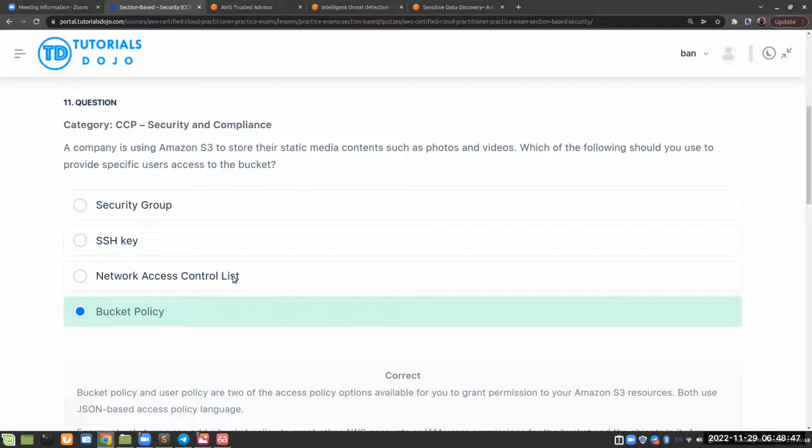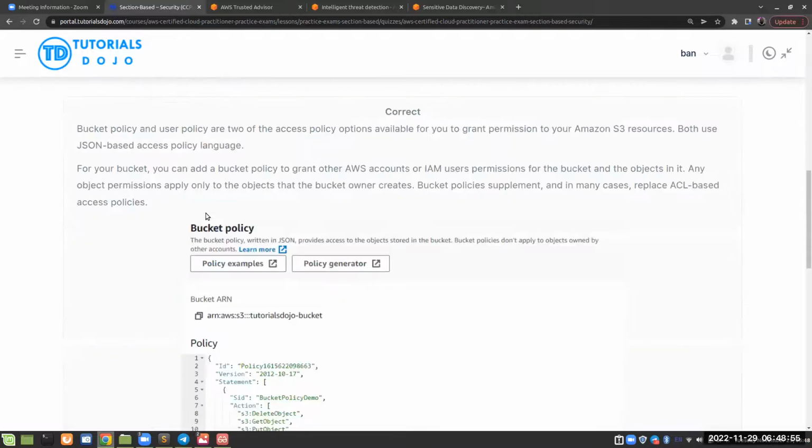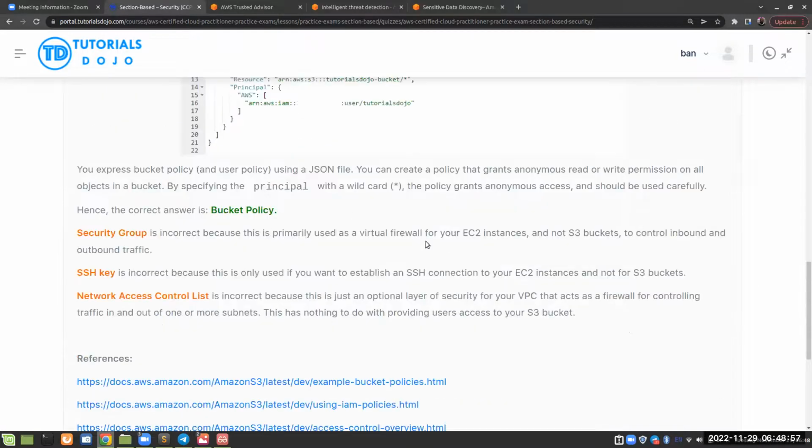Each level has its own security, right? So a security group is primarily used as a virtual firewall for your EC2 instances. But that was correct about the network access control list. It's an optional security layer. SSH is something completely else.